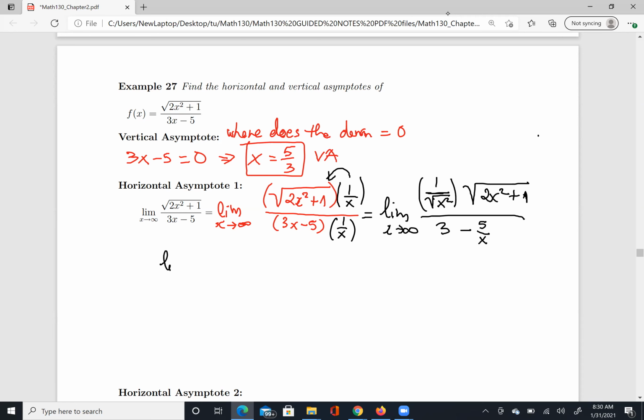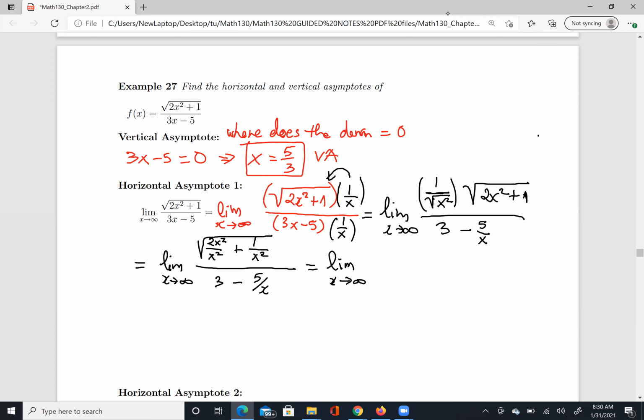Now we have the limit as x goes to positive infinity of the square root of 2x squared divided by x squared, plus 1 over x squared, divided by 3 minus 5 over x, equal to the limit of x as x goes to infinity.